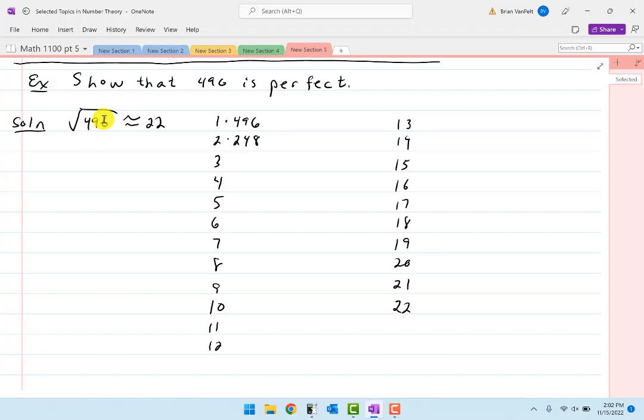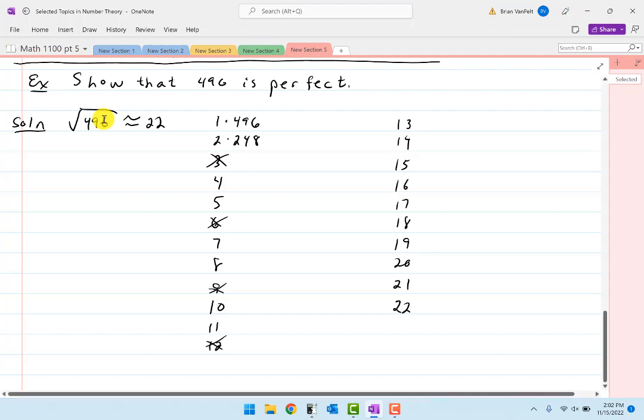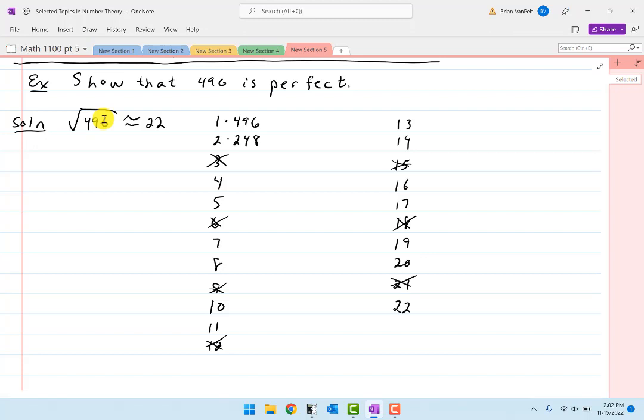So this is very important. You should know this. Since 3 doesn't go into the number, no multiple of 3 goes into it either. That means once I know that 3 doesn't go into it, 6 won't, 9, 12, 15, 18, 21. None of those will work because they're all multiples of 3.